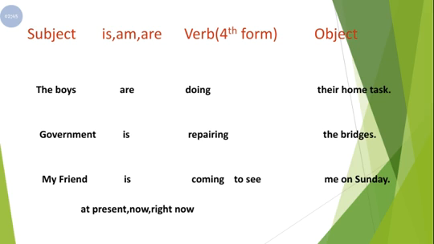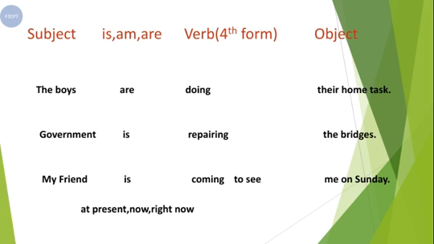After the helping verb you will use fourth form of the verb. Fourth form means ing form, like play to playing, sleep to sleeping, talk to talking, and at the end you will write the object. So let's see some examples of present continuous tense.